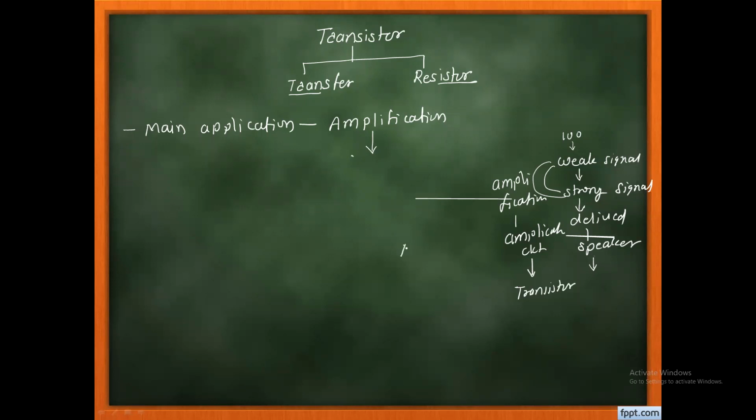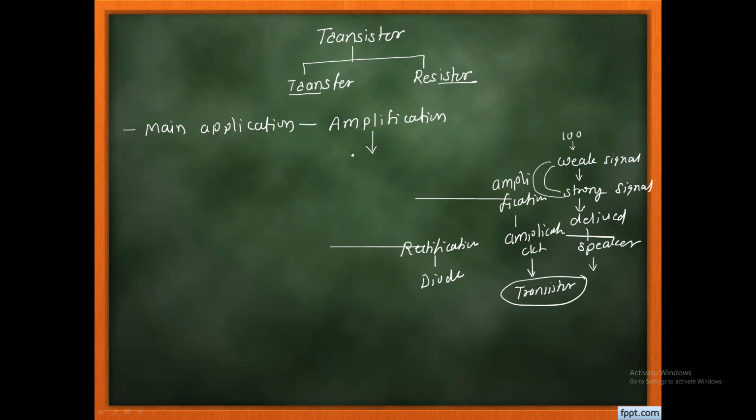Just like in rectification, the conversion of AC signal into DC signal, the diode is the main component. In this way, in the amplifier circuit, the transistor is the main component. Is that clear?